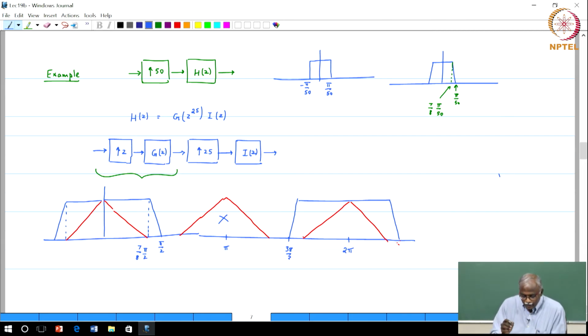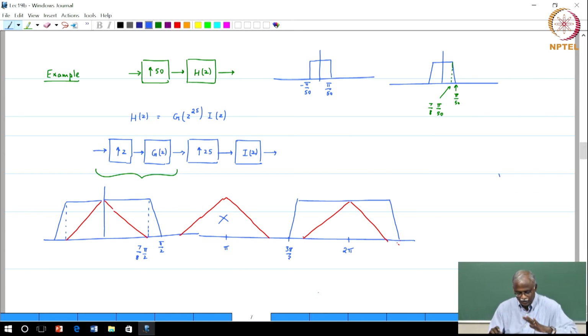Now, the next stage of upsampling, what does it do to my G of Z? G of Z becomes mapped to pi by 50, and the passband automatically gets mapped to 7 by 8 times pi by 50. So without doing anything, I have got the desired response, and the key point is the I of Z has to remove certain images.